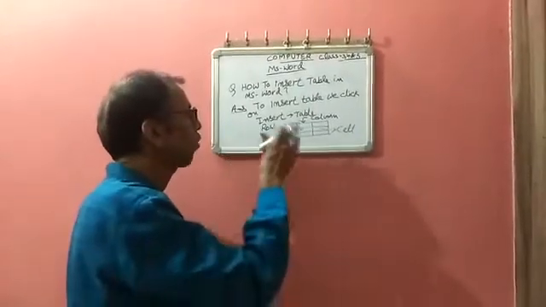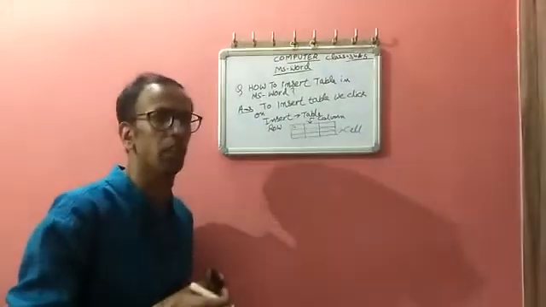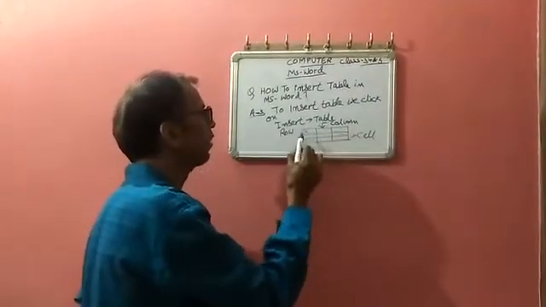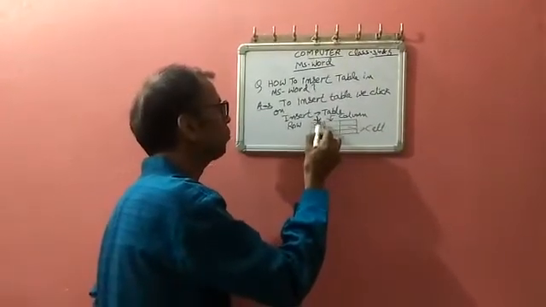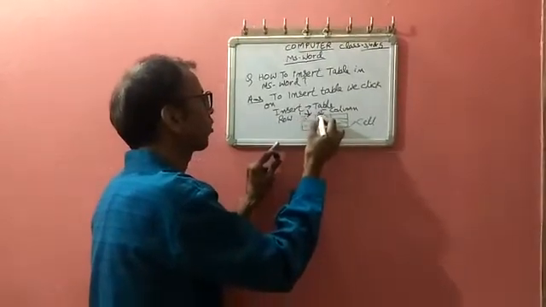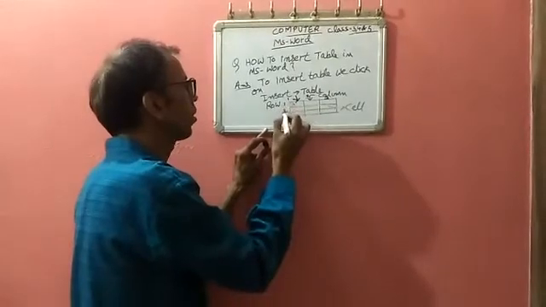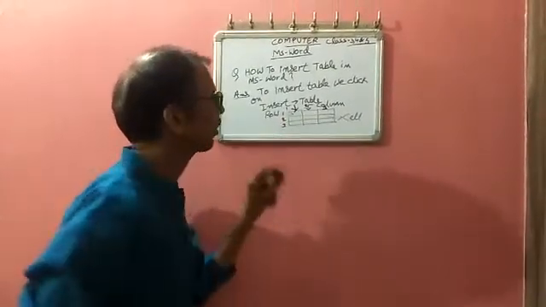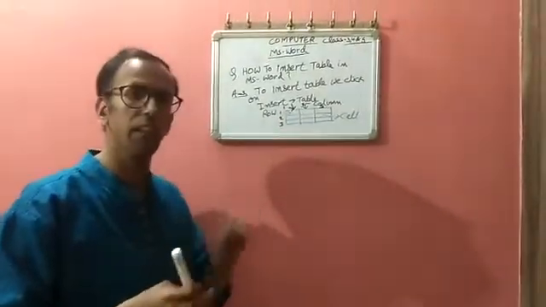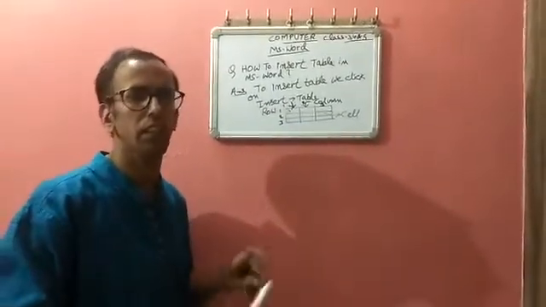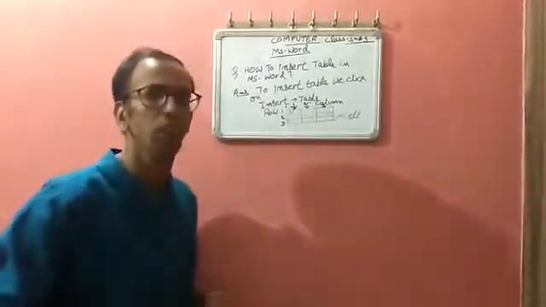This table has column 1, column 2, column 3, and row 1, row 2, row 3. This table contains 3 columns as well as 3 rows. I think the structure of the table is very clear to all of you.